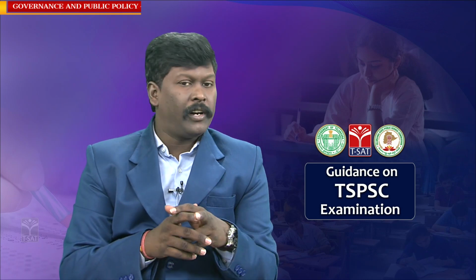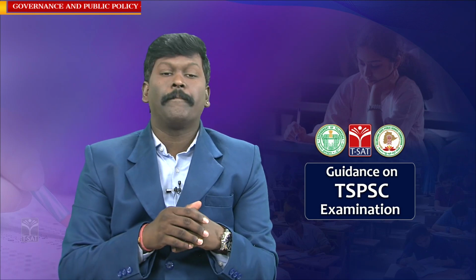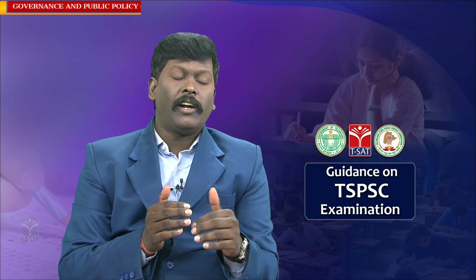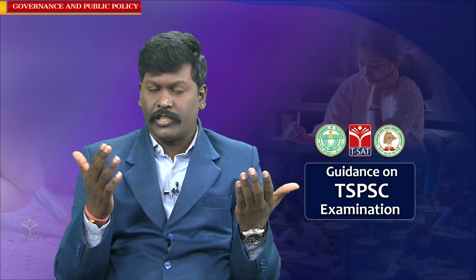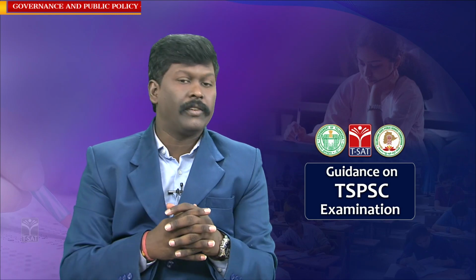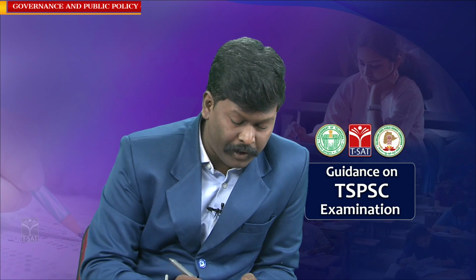The second important point, very important for your exam. Concentrate. Whenever the President of India notifies a list, it may be the Union list or state list, it may be SC list or ST list, the President does not have the authority to modify.